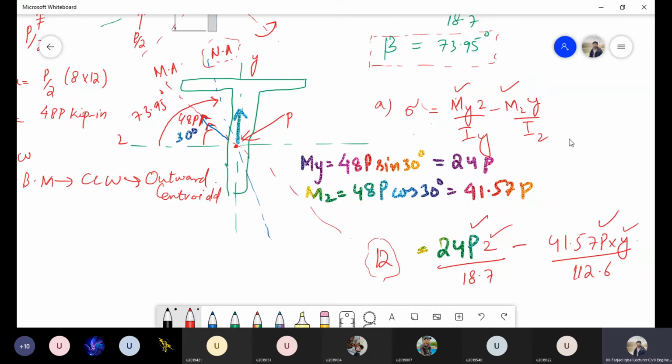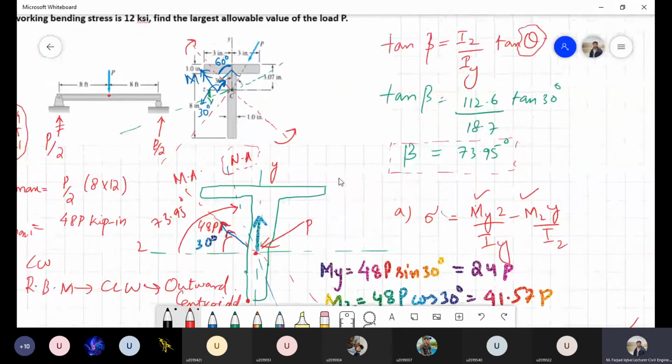So is there any way that I can remove this negative sign? So we can substitute the maximum negative value of y. So maximum negative value of y कहाँ पे होगी? There will be some point at this location, right? जहाँ पे y की कोई value होगी, that will be the maximum value, right? And from the question, we know all the distances as well.